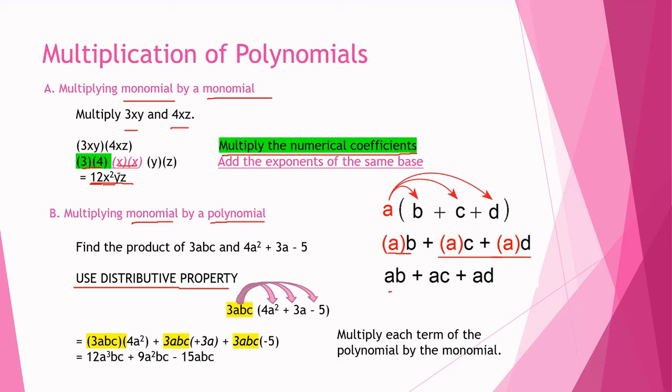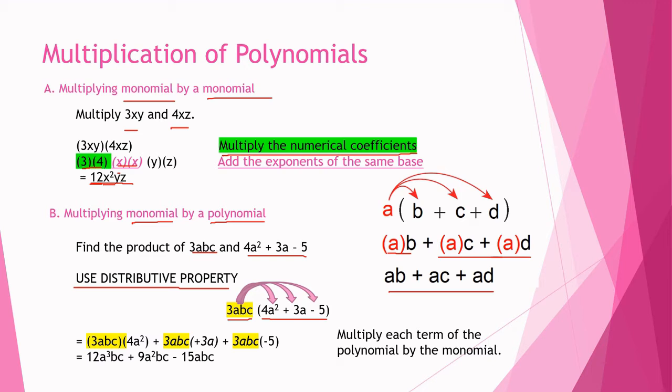So simplifying, we have ab plus ac plus ad. For example, find the product of 3abc and 4a squared plus 3a minus 5. So we have monomial multiplied by a trinomial. Okay, so trinomial is considered as polynomial.